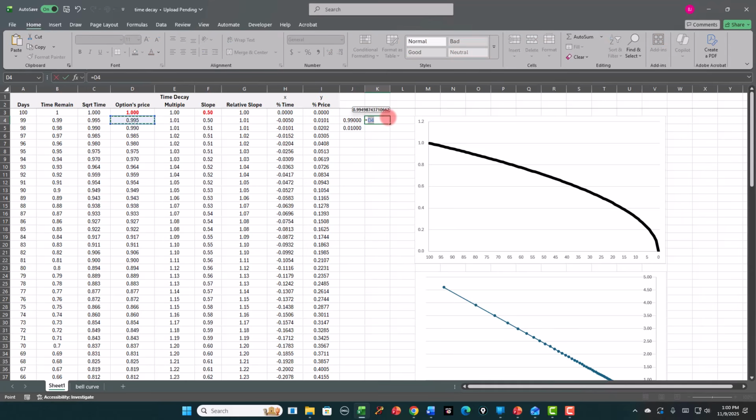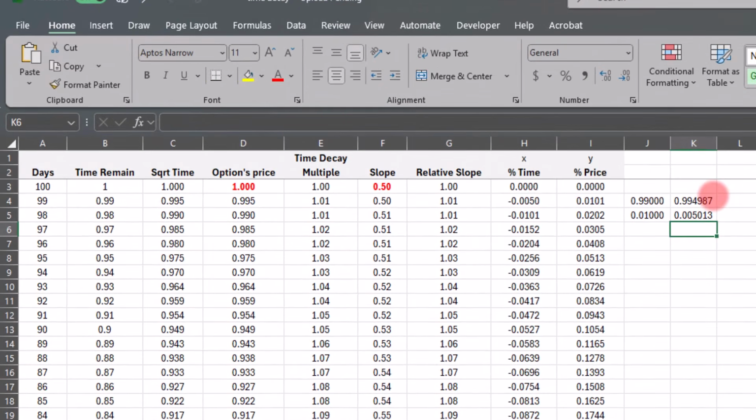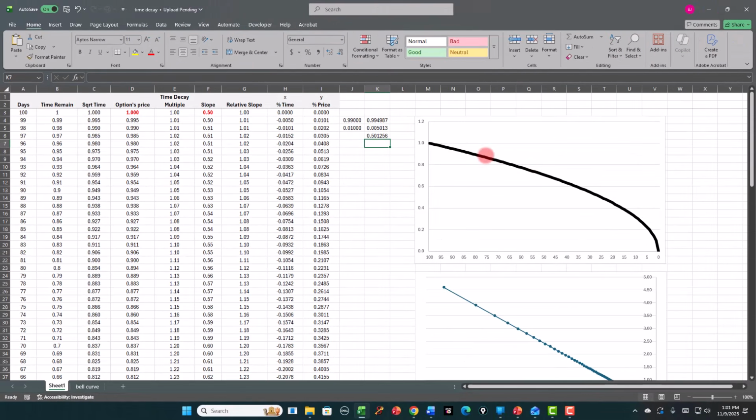Well, it goes from $1 to 0.995, so if we divide these out, we take 1 minus that number, we get 0.005. So what's the slope here? We're going to take that number divided by that number, and it's roughly a half. So the slope right here, the mathematical slope in this very tiny area, is a half.